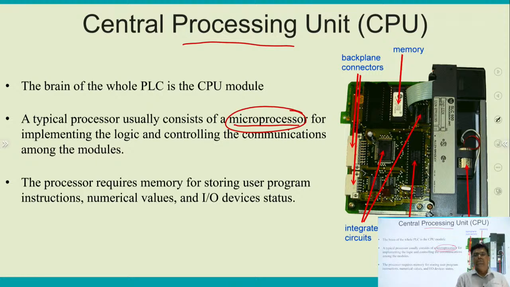This processor requires memory to store the program: the various instructions, logics and numerical values we give through the input output devices. All of these are saved in the central processing unit, and accordingly the process or actuations are done.